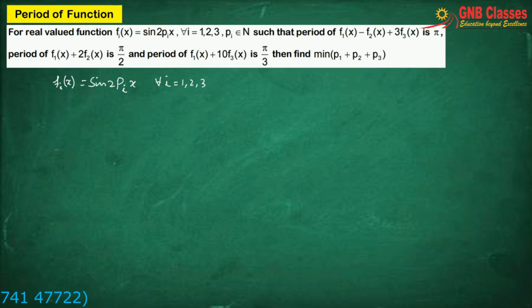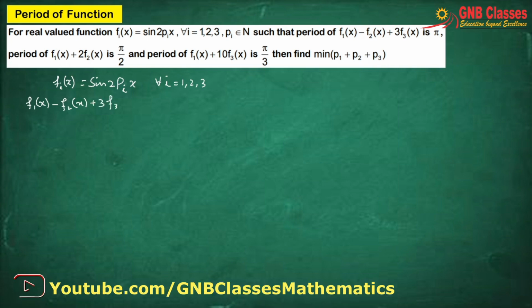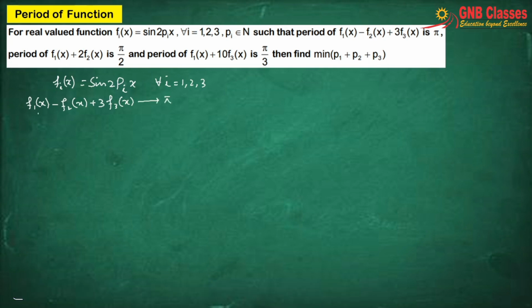And they have said that the period of f1(x) minus f2(x) plus 3 times f3(x) is pi. Now the period for f1(x) will be 2 pi by 2 p1, which is nothing but pi by p1.